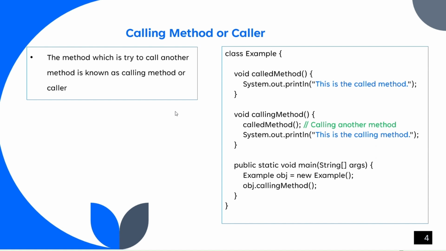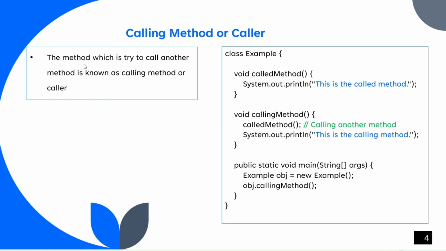Here we have an example class. Inside this class we have two methods. The first one is void called method, and the next one is void calling method. You can see that inside the calling method we are calling the called method, so it is called a calling method, as it is calling another method.